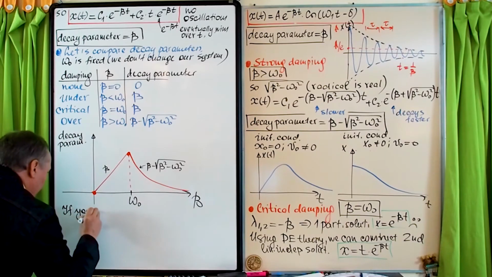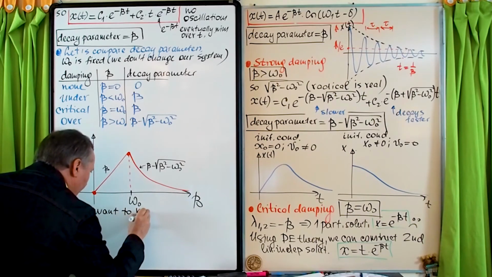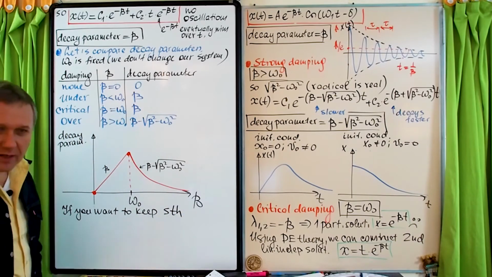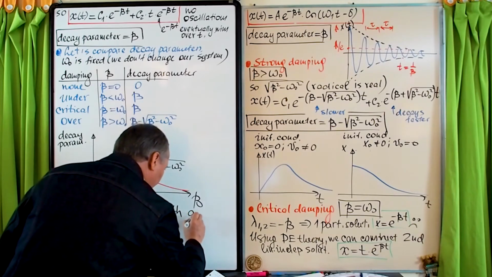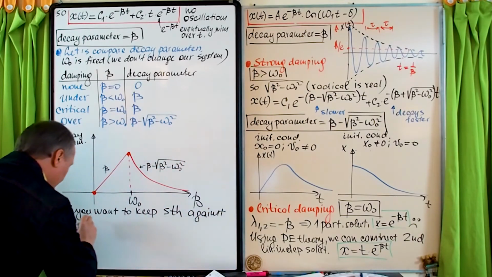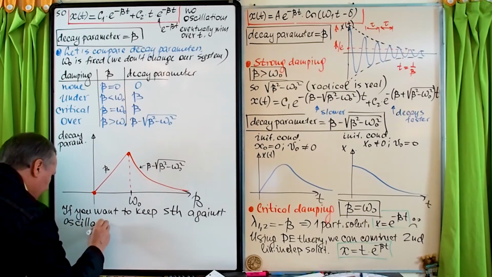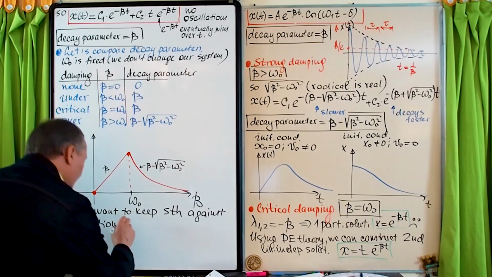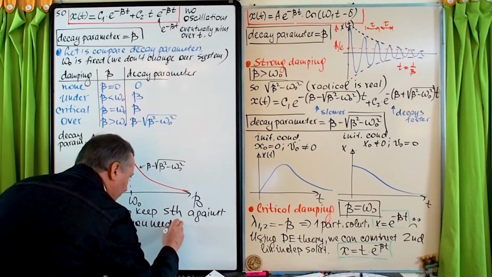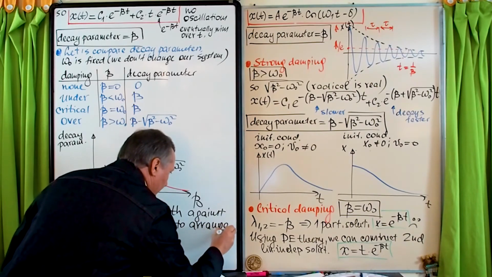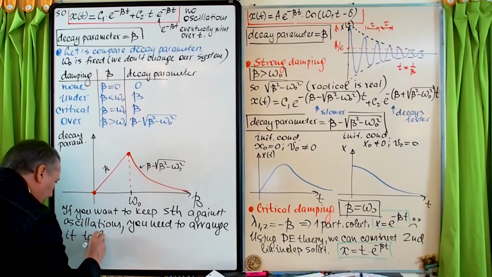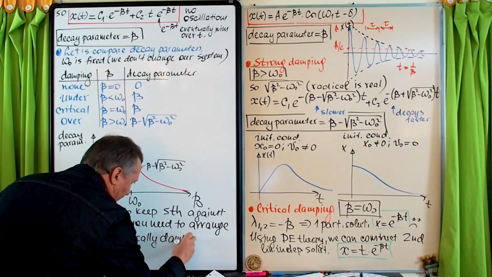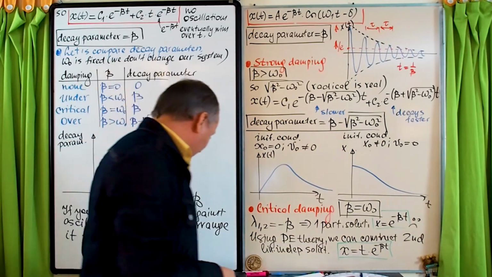If you want to keep something, I abbreviate it quite often, something against oscillations, you need to arrange it to be critically damped. At least sometimes critical damping is useful.